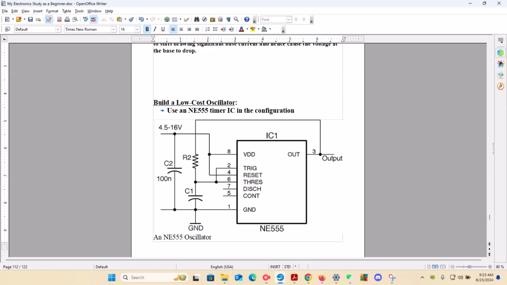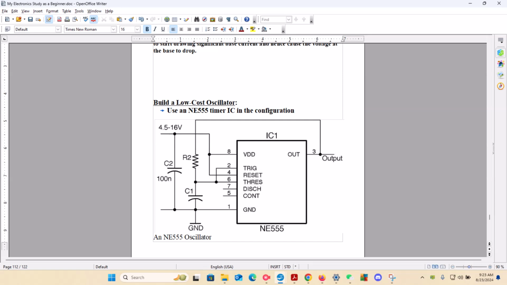What we're going to do is use an IC, an NE555 timer IC, in this configuration. The input going in is going to range between 4.5 to 16 volts.